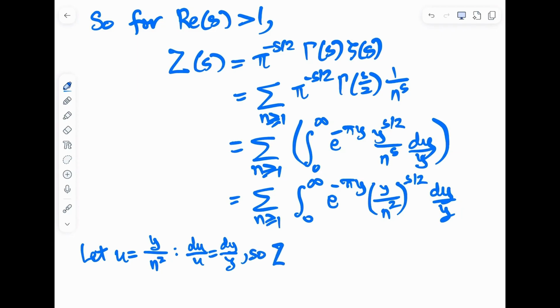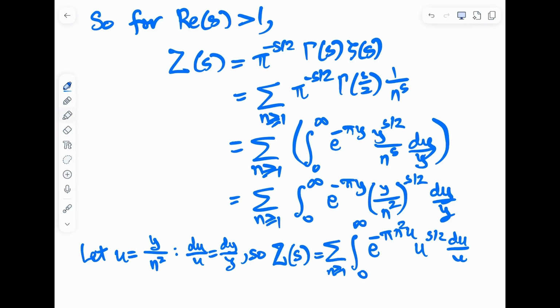And so the completed zeta function is now a series of integrals: e to the minus pi, and u is y over n squared, so y is n squared u, times u to the s over 2, du over u.